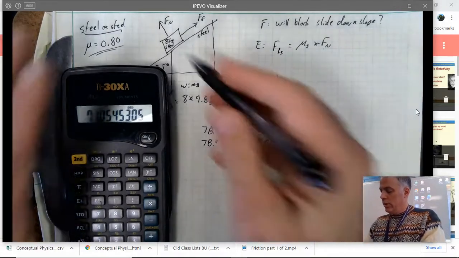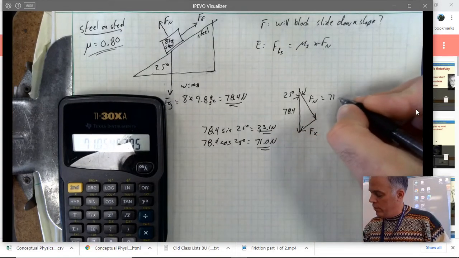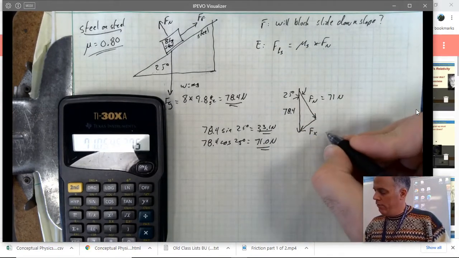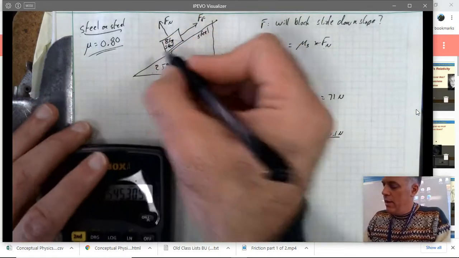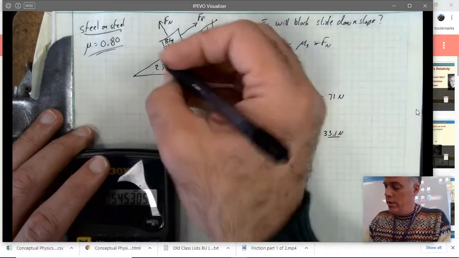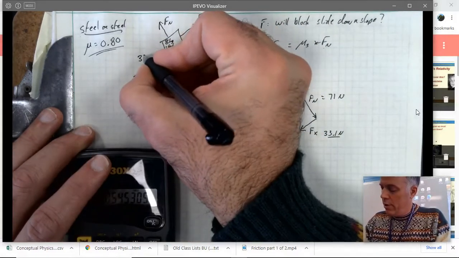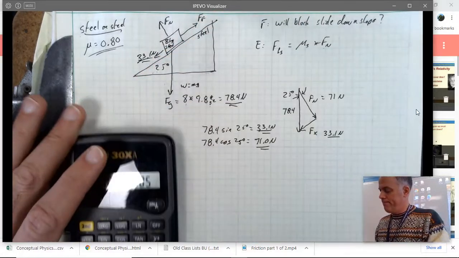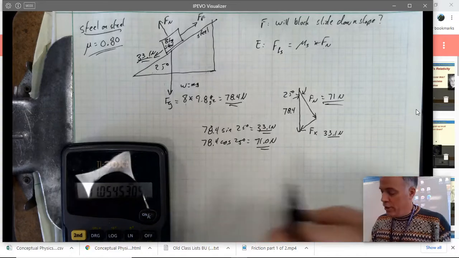Okay, now looking at the situation, we know that the normal force is the big one, so this equals 71 newtons. And the downslope force is equal to 33.1 newtons. Okay, that's the component of the weight which is acting down the slope, 33.1 newtons. Okay, great.